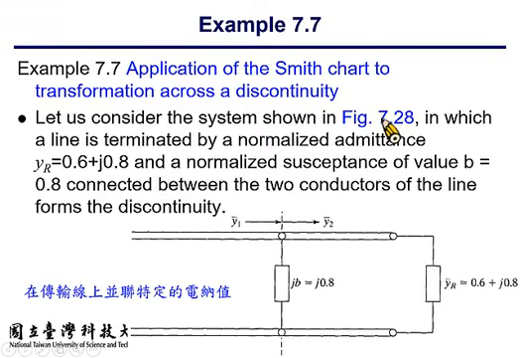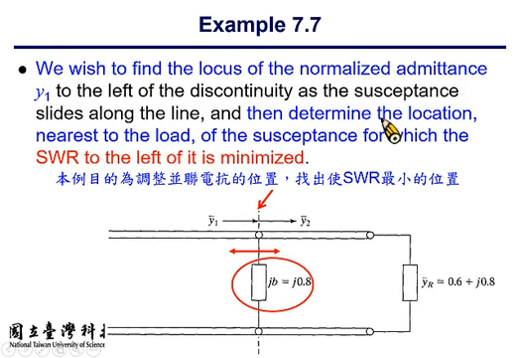So what is the purpose of connecting this component? Well, let's take a look at the answer first, okay, a sneak preview. This slide shows you the objective of connecting a shunt element on the transmission line. The objective is to minimize the standing wave ratio.